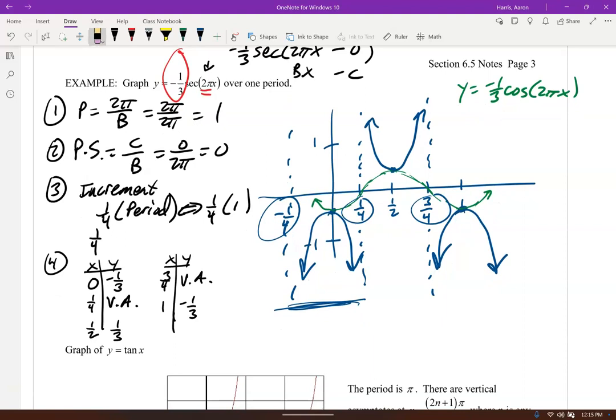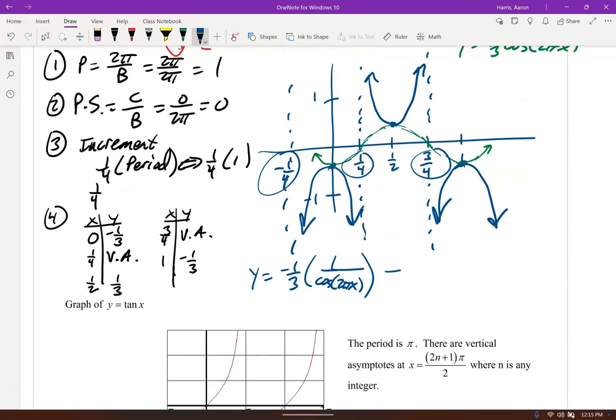So for this, one way to solve that, let me write it this way, negative 1/3 times 1 over cosine 2 pi x. So I've got negative 1 over 3 cosine of 2 pi x.